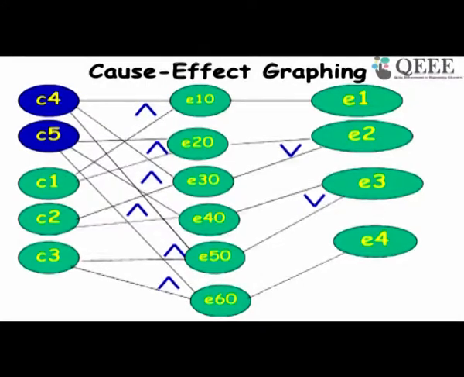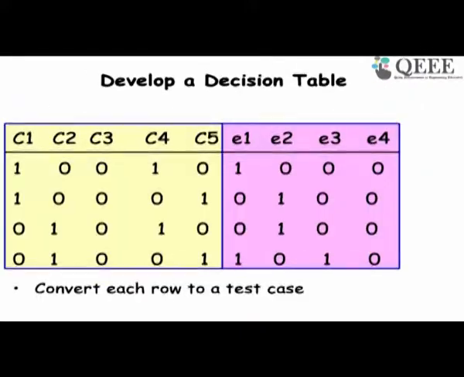And once having drawn this, we can then convert this into a decision table. So we just mechanically write out what are the causes and what are the effects, and then see what combinations of causes result in which effect. Just see here that we have not explicitly considered all possible combinations of conditions, just 5 of these.